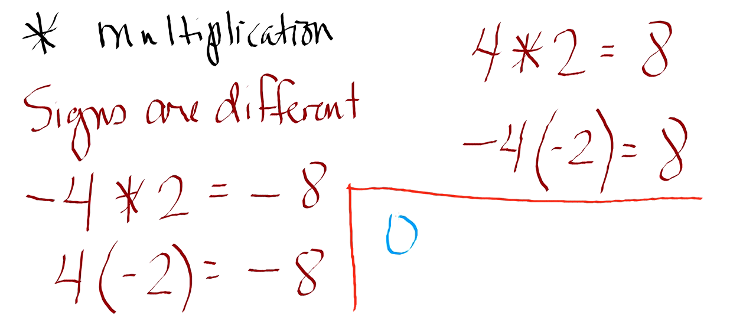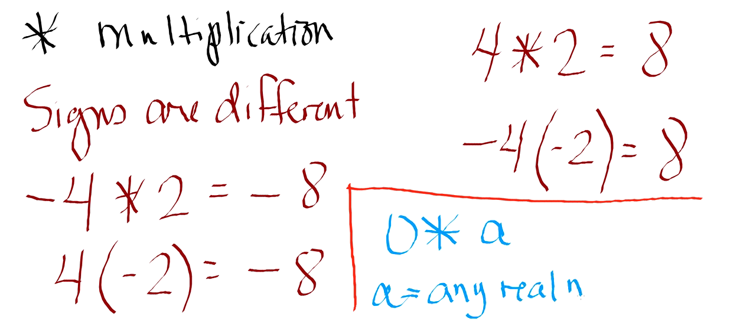So 0 times any number, we're going to say a, where a equals any real number, is always going to be 0. It's called the product property of 0.